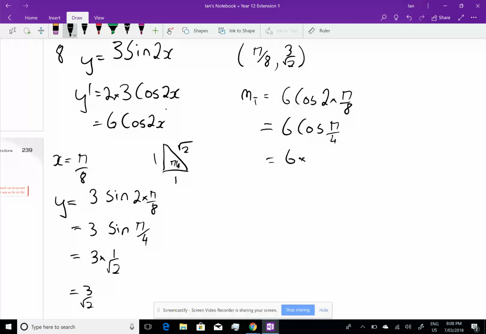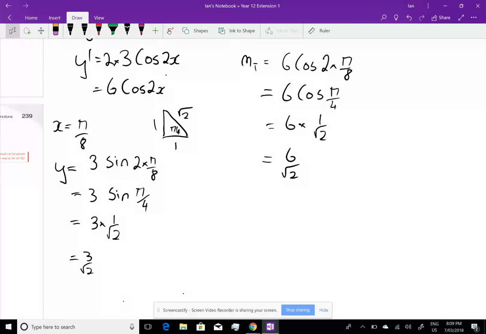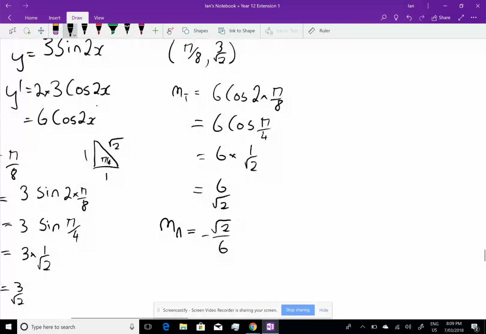Oh, that's 6 times, well, cos is 1 on root 2, pi on 4, there it is, a little triangle over there. I get 6 on root 2. But I don't want the gradient of the tangent. I want the gradient of the normal, and I just flip it and change the sign.